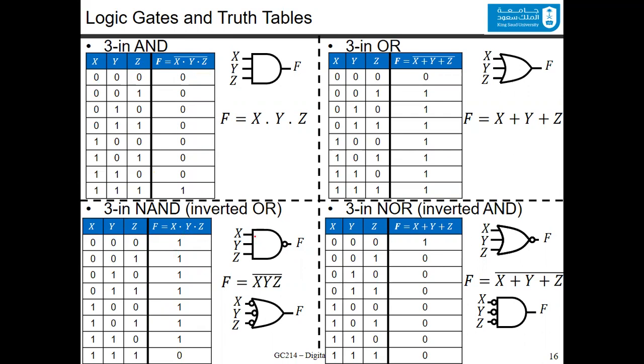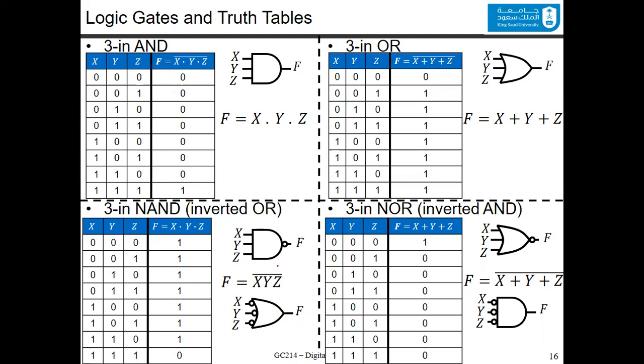There is another way of saying the same thing. Either you say that this is a 3-input NAND or an inverted OR. If you check the truth table of the NAND or the NOR, you will find a similar result in the output.